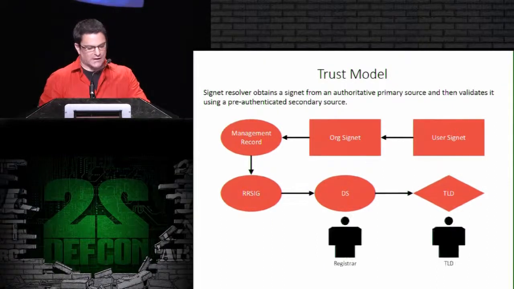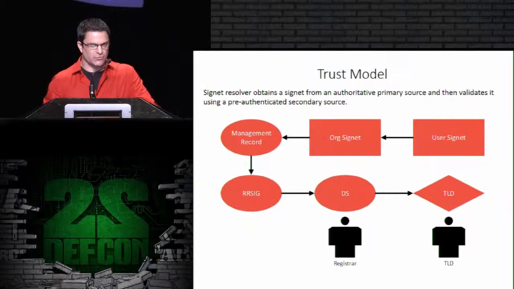Thought it'd be worth talking about who controls these keys, because at a certain point you realize that even with DNSSEC you have to trust your registrar to publish the correct DS record, and then you have to trust the top level domain to protect its root signing key. Otherwise the entire system of trust breaks down.